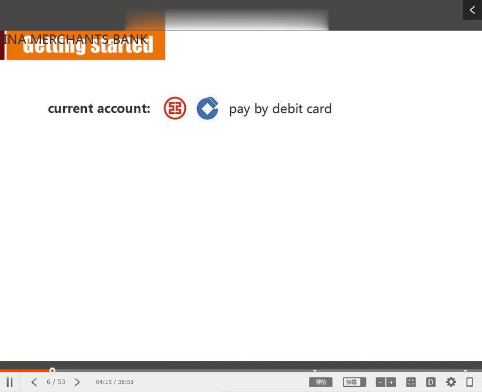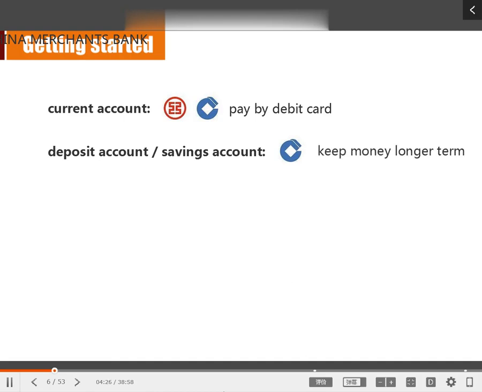And also I have a deposit account or savings account, 定期账户, at the local branch of China Construction Bank for keeping money longer term. And then I have a credit card with China Merchants Bank for buying things.